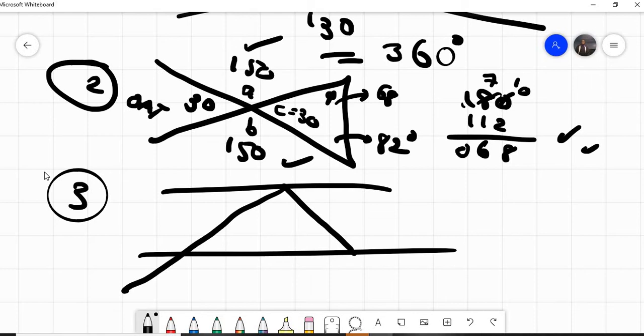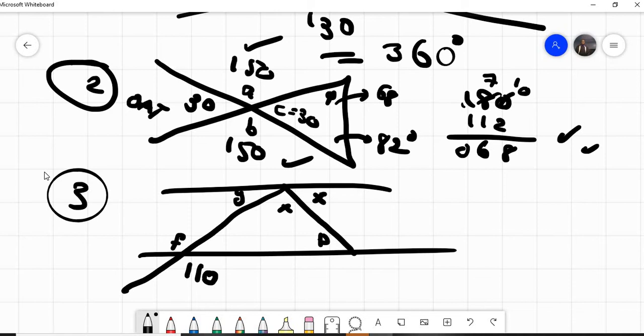They wrote here this one is x, this one is x, they must be equal, and this one we don't know is going to be y, and this one is f, and this one is 110, and here they wrote b.